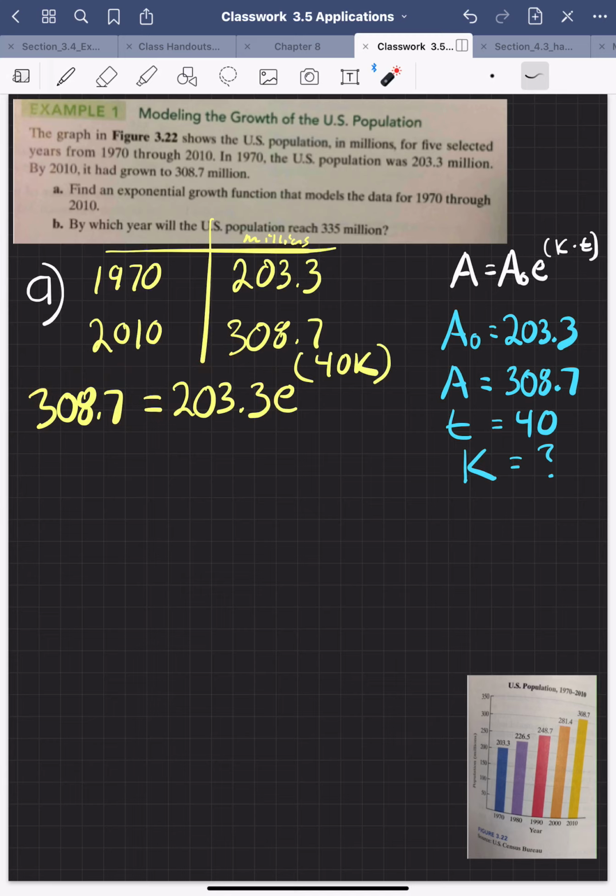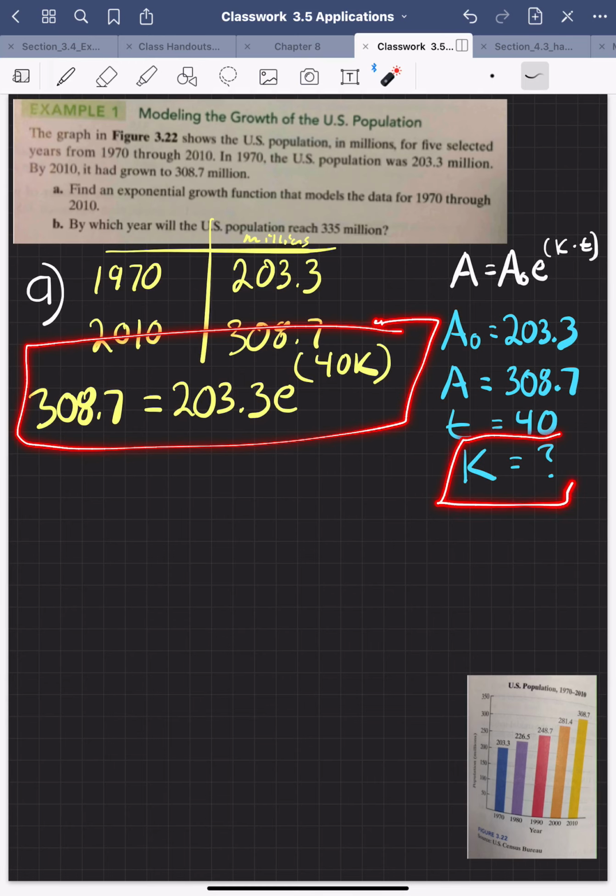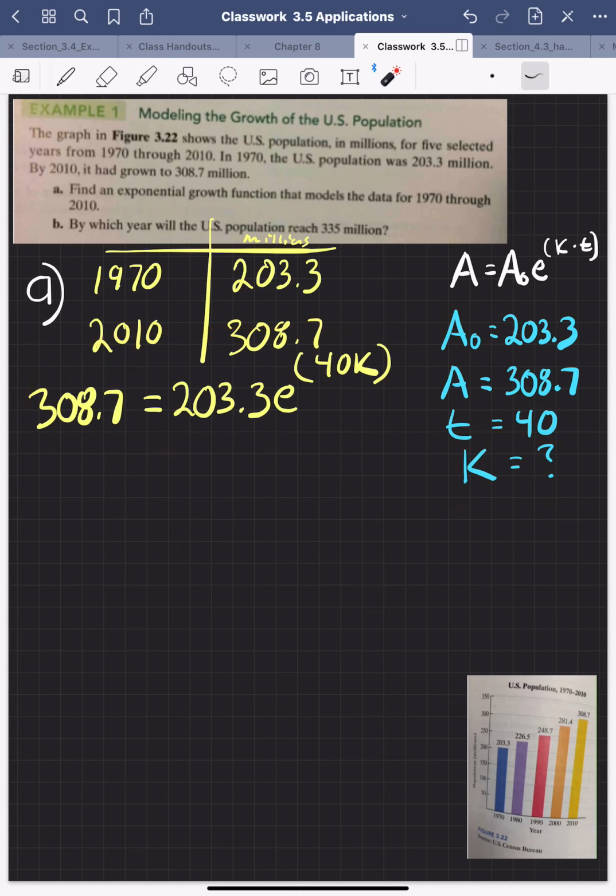All right, so it says find an exponential growth function that models 1970 through 2010. We almost have that, except we're missing the k, right? So that's what we're going to do right now. We're going to solve for k. But wait a minute, we've been down this road before. Just like last section, we want to isolate this e to the 40k.